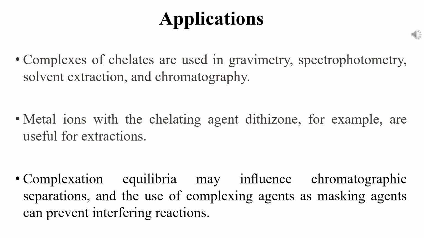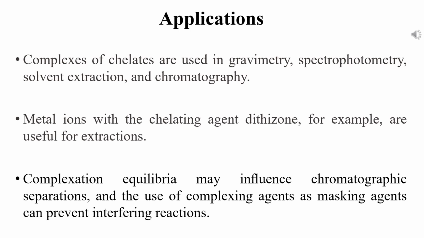So they can serve as a basis for the spectrophotometric or atomic spectrophotometric determination of metal ions. In gravimetric analysis, we can take the example of the nickel dimethylglyoxime precipitate.